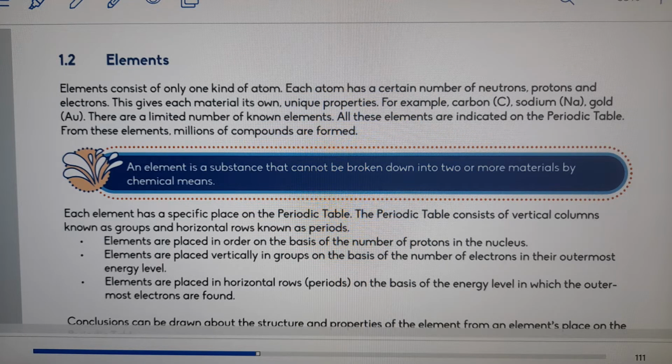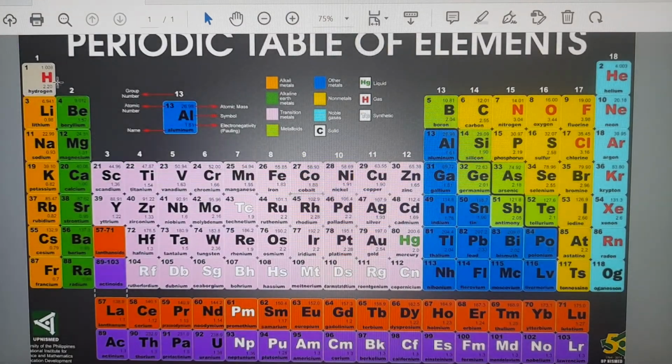So as we go vertically, they are placed based on the number of electrons in the outermost energy level going down. But going horizontally, they are placed based on the energy level.